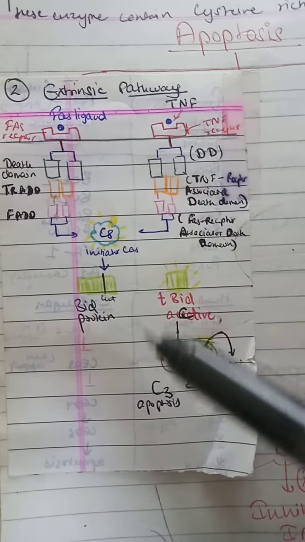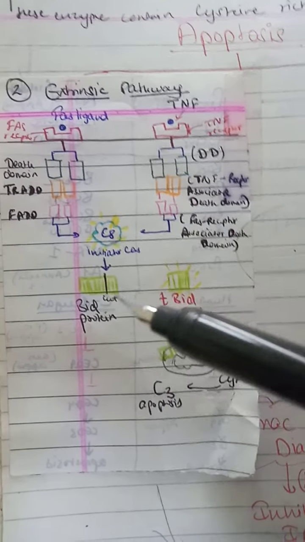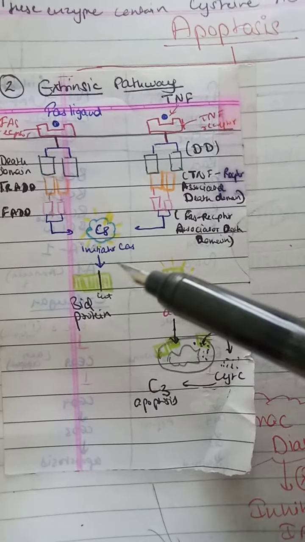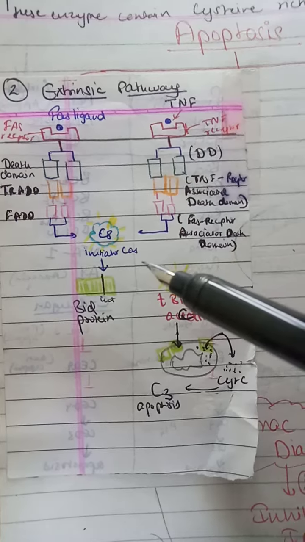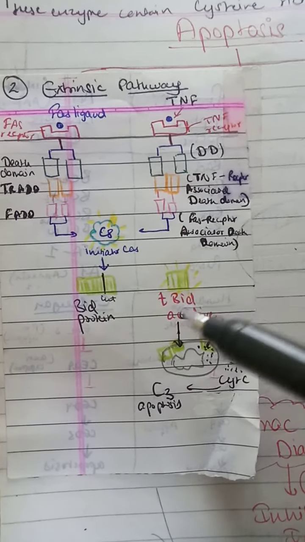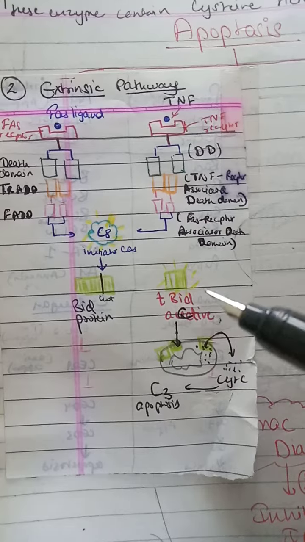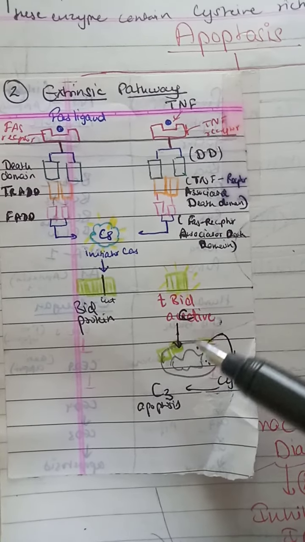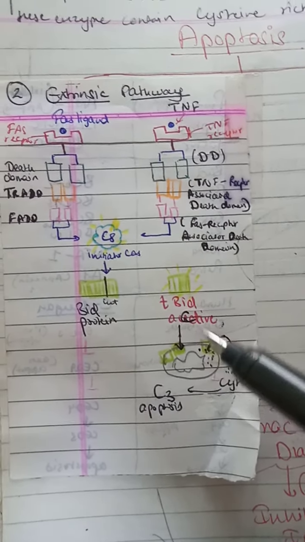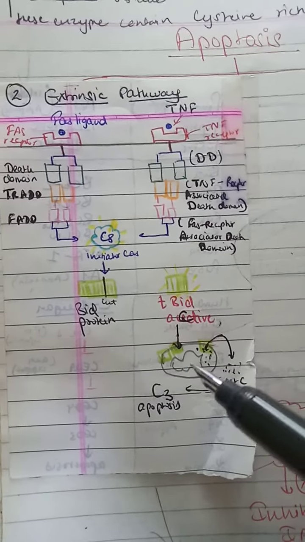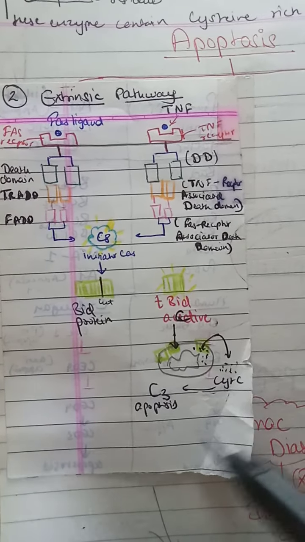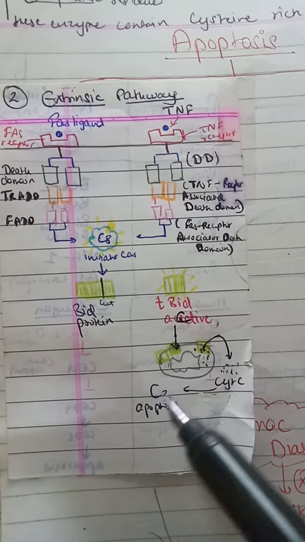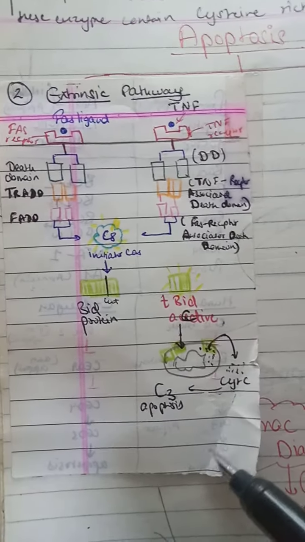It will activate the BID protein by cutting a small part of it, I guess the C terminal, and the BID protein gets activated and creates a pore in the mitochondrial membrane. Because of that, cytochrome C comes out, and it activates caspase 3, and apoptosis happens.